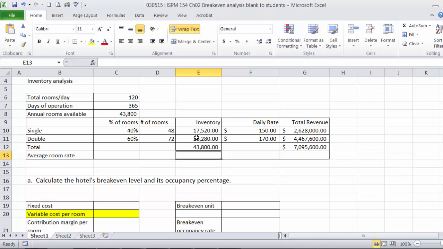When you make a complicated spreadsheet, you always build in some mechanism to double check your answer. All right. So with that configuration, what is your average room rate? We use the total revenue divided by total inventory. Okay. Up to now, any questions?